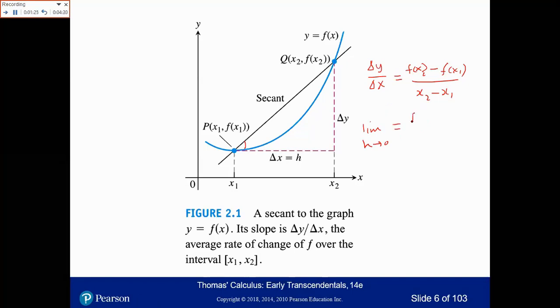This is f of x1 plus h minus f of x1, divided by x2 minus x1, that is, divided by h. That is going to give us what?